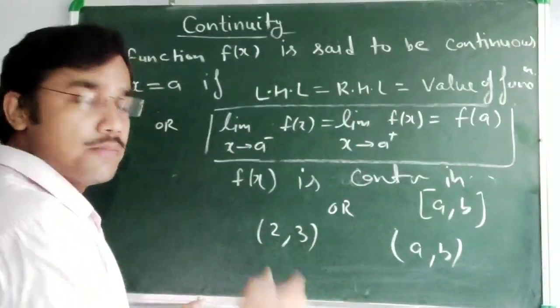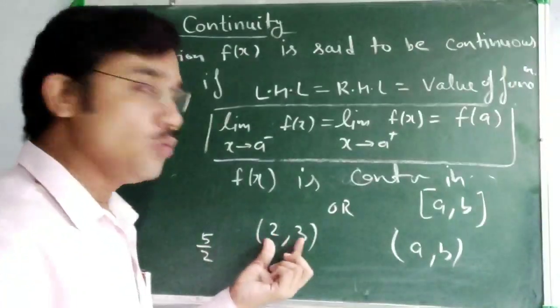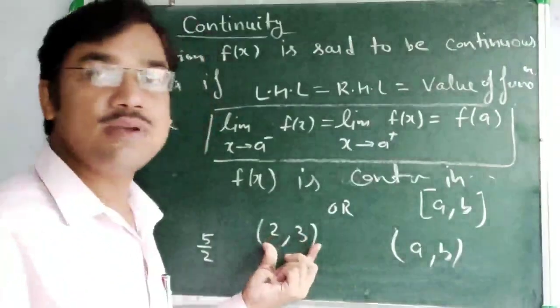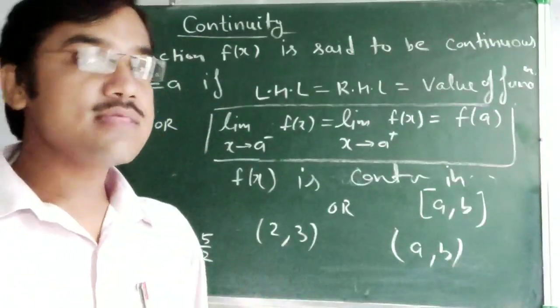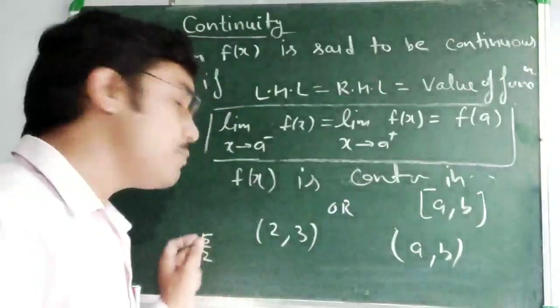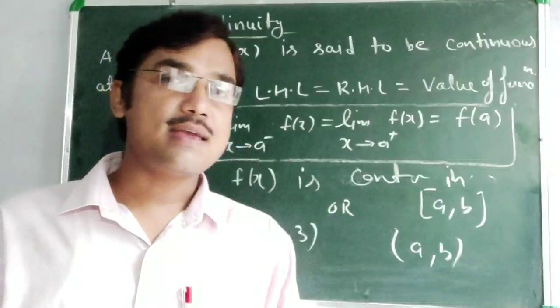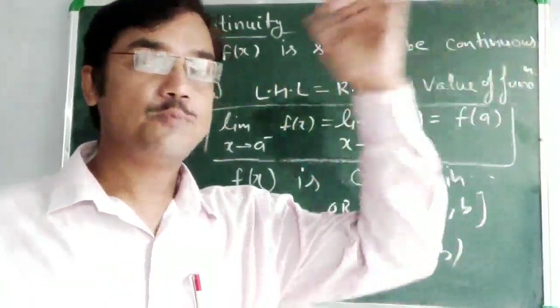Any point between them, like 5 by 2, which is 2.5, lies between 2 and 3. If the function is continuous at that particular point, then you can say that the function is continuous at every point.